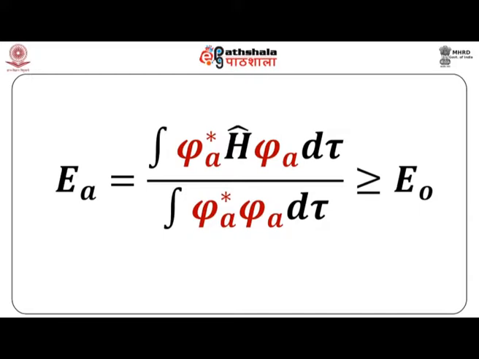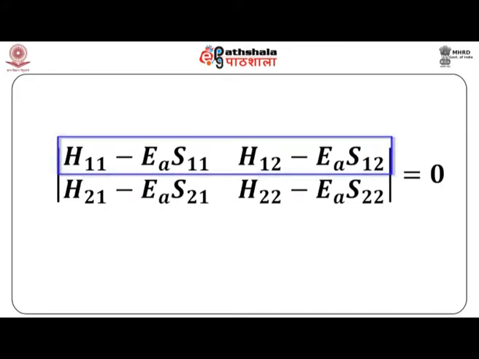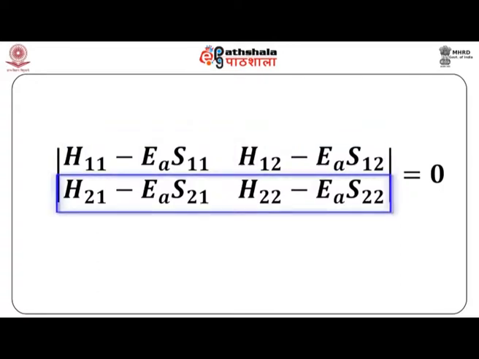In this equation, if we substitute the values of the molecular orbitals in terms of LCAO and then simplify, we get the secular determinant which looks as it is shown here. For a diatomic molecule, it would be H11 minus E S11, then H12 minus E S12, and the second row is H21 minus E_A S21 and H22 minus E_A S22.